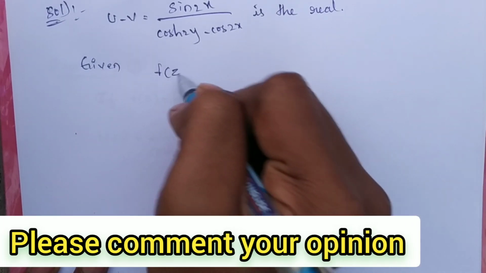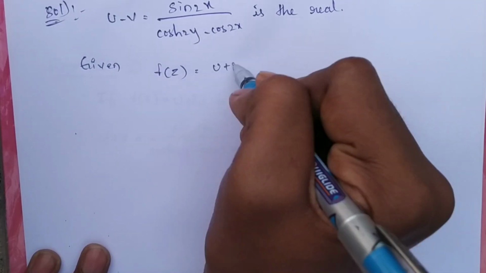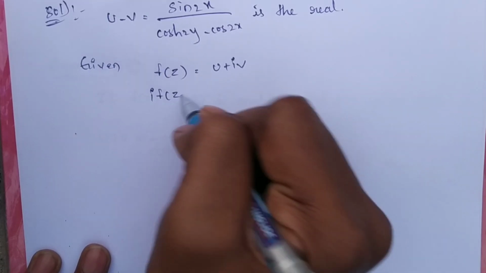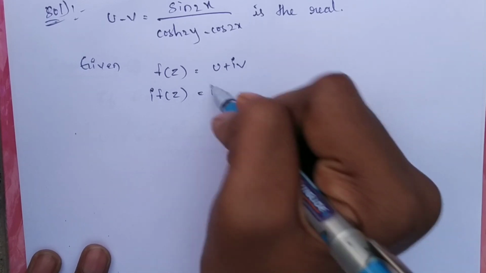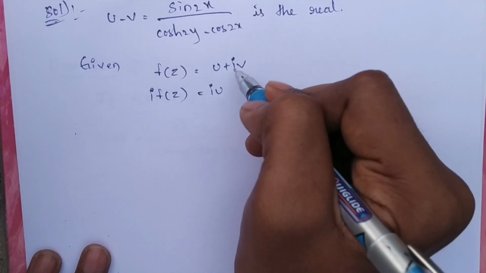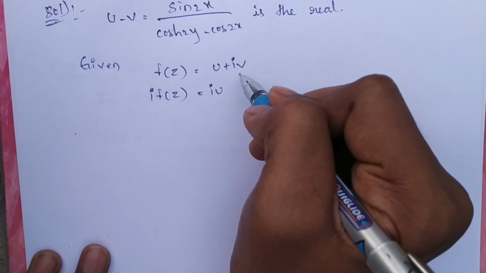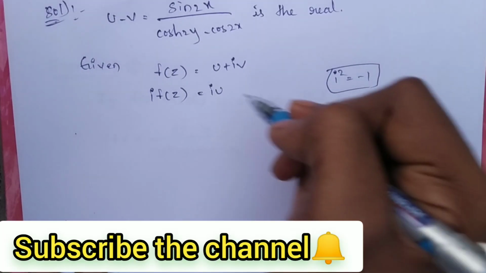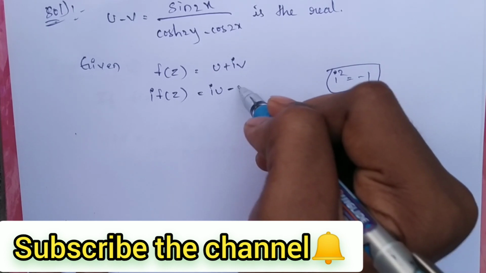In the question they have given that f of z equals u plus iv, and if you multiply i to the above equation, it becomes i into f of z equals i into u plus i square v. The i square value is minus 1, so we substitute it directly here. Minus 1 into v is minus v.